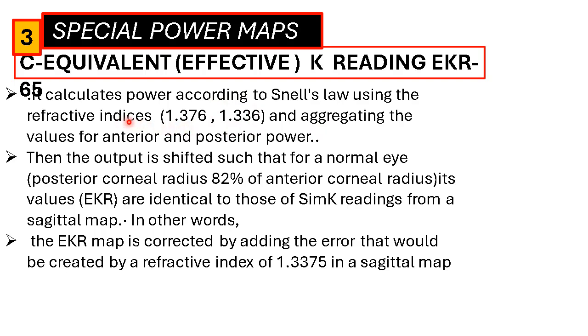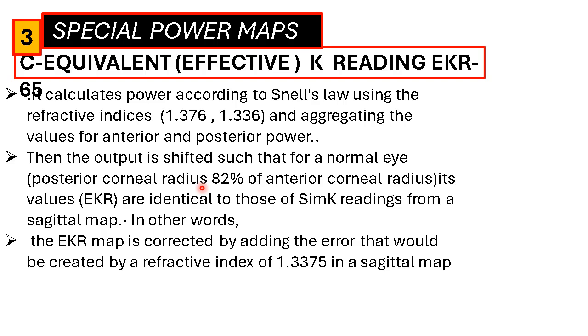Now, after calculating the net power of the cornea, it again recalculates the power of the posterior surface of the cornea based on the assumption that the refractive index is 1.3375, and based on the assumption that the back surface of the cornea is 82% of the anterior surface of the cornea. And by special calculation, it adds this error to the net power again, and it comes with the effective K reading.